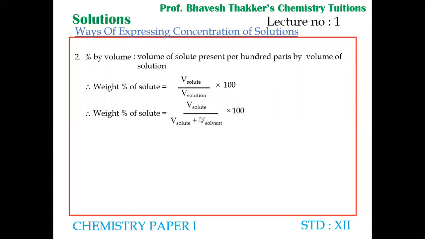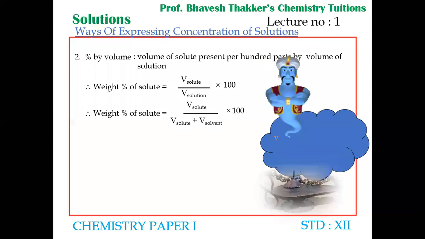Or volume of solute upon solute plus solvent into 100. Okay. So that is percentage by volume. Here also we can take volume of solute in milliliters or liters, any one of them. But both should be in the same unit.